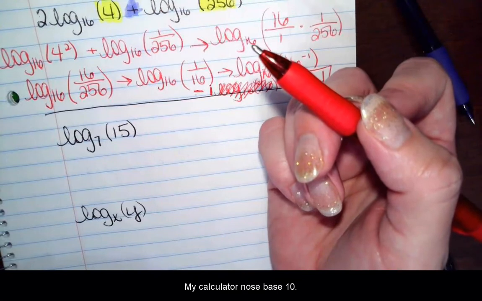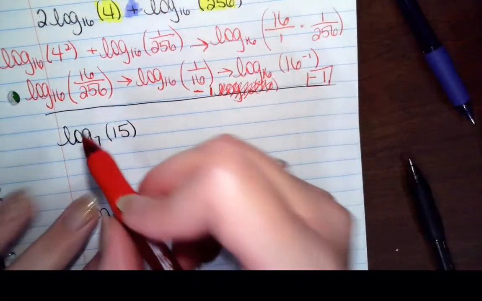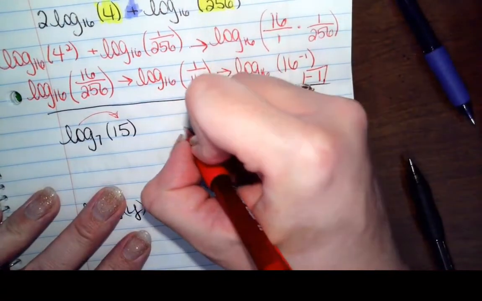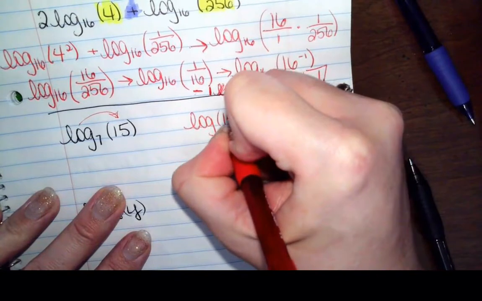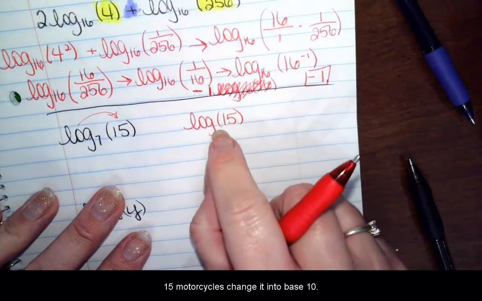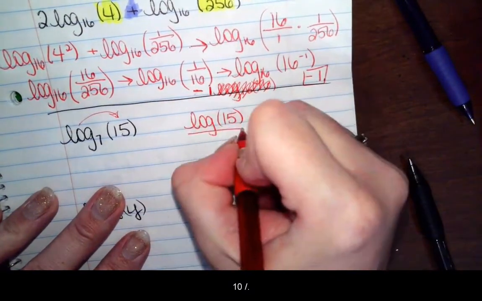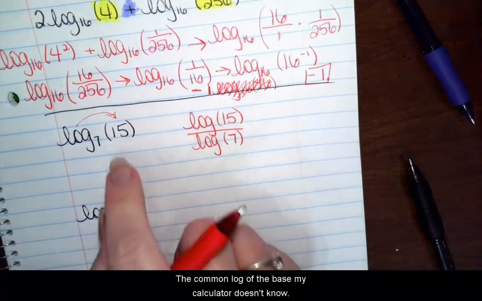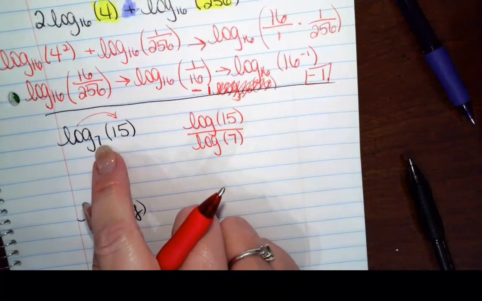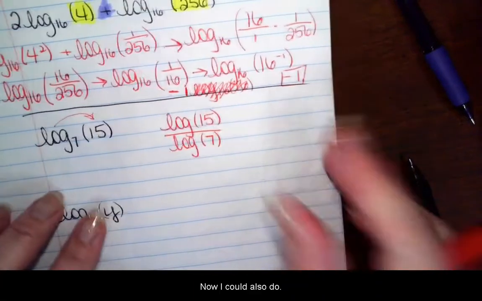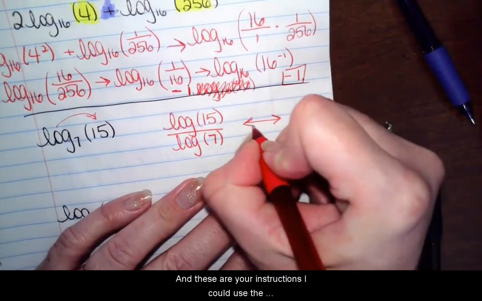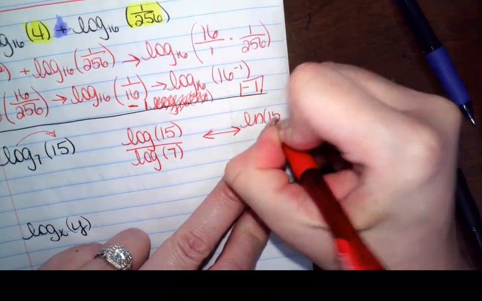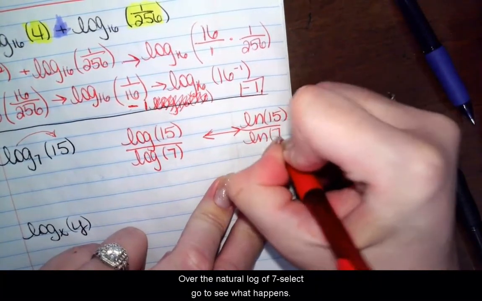My calculator knows base 10 and base E. So I'm going to take the log of the argument, so the common log of 15, notice I just changed it into base 10, and divide it by the common log of the base my calculator doesn't know. Now, I could also do, and these are your instructions, I could use the natural log. So I could say the natural log of 15 over the natural log of 7.